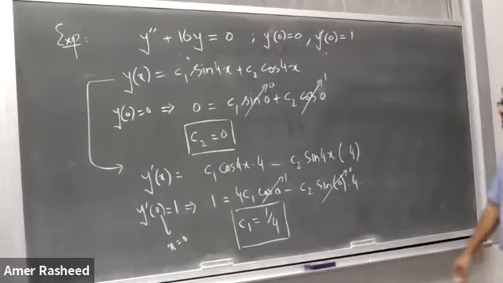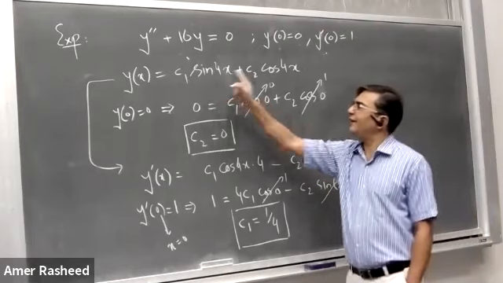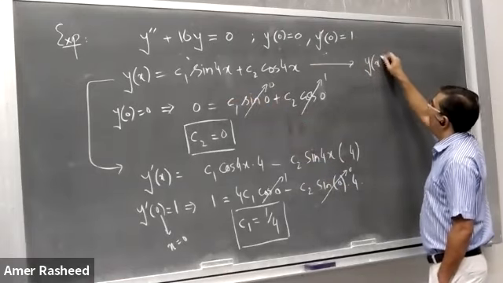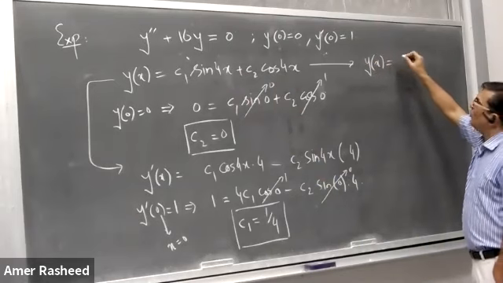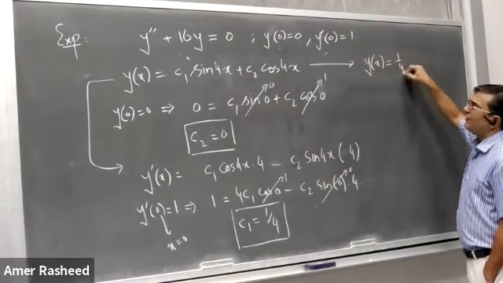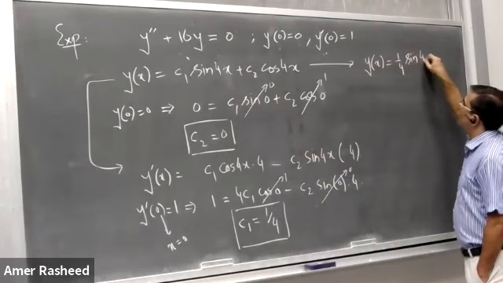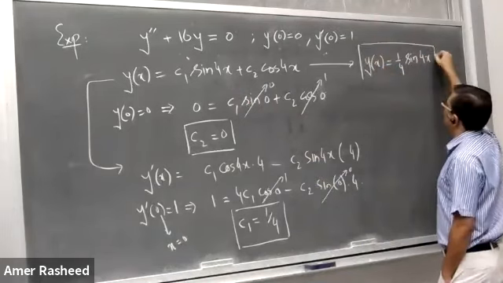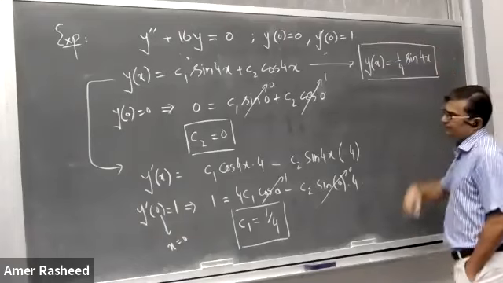Now inserting these two constant values back here, we get the solution y of x is equal to 1 by 4 sine 4x plus 0. So we get this solution, which is a particular solution.